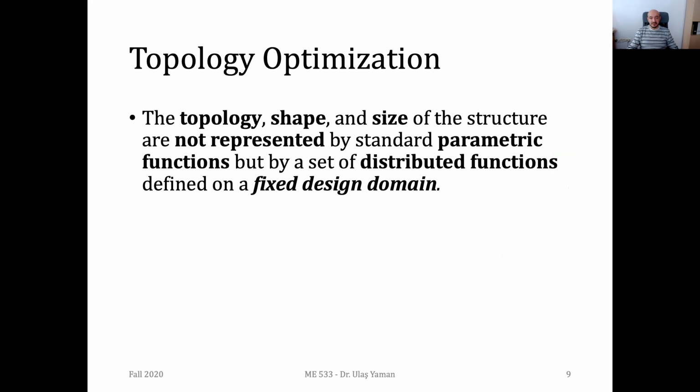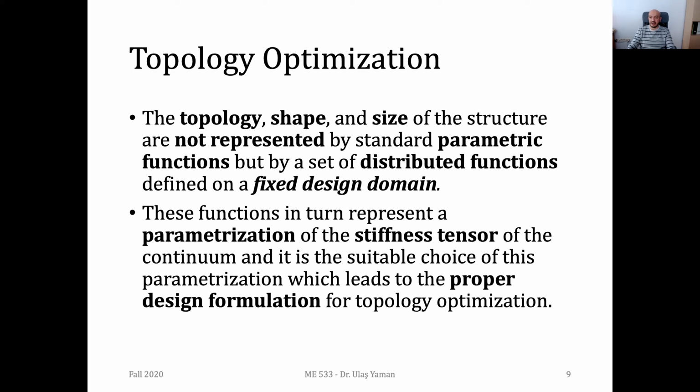And in the optimization, actually, these are not represented by the topology, shape, or the size. They are all not represented with standard functions. We have instead some field functions, distributed functions, and they are defined in a fixed domain. We don't have any equations actually representing the shape, representing the topology, but instead we have a field function.